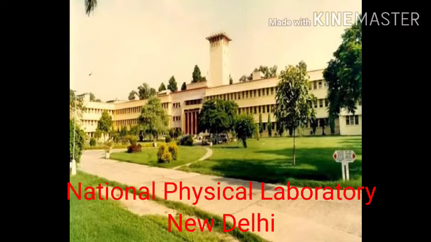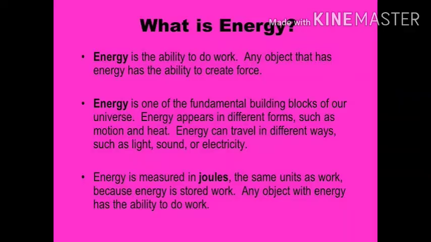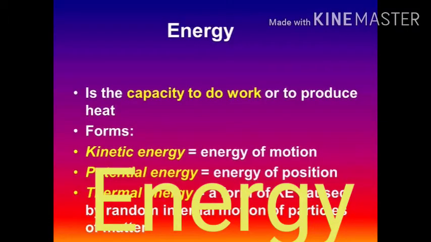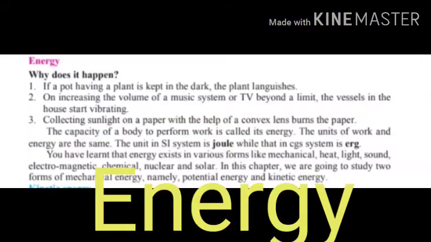Then our term is energy. What is energy? All of you know that the capacity to do work is called energy. Examples are: if a pot having a plant is kept in the dark, the plant languishes. Number 2, on increasing the volume of a music system or a TV beyond a limit, the vessels in the house start vibrating.